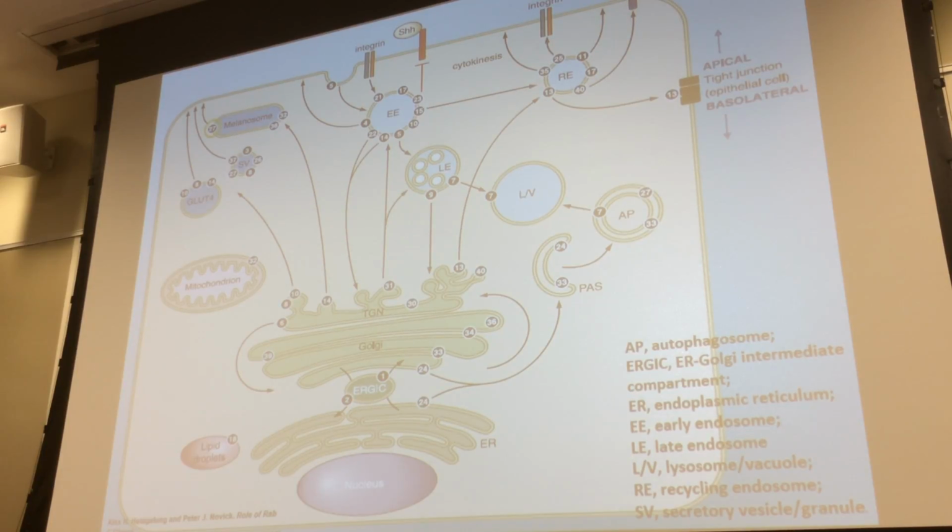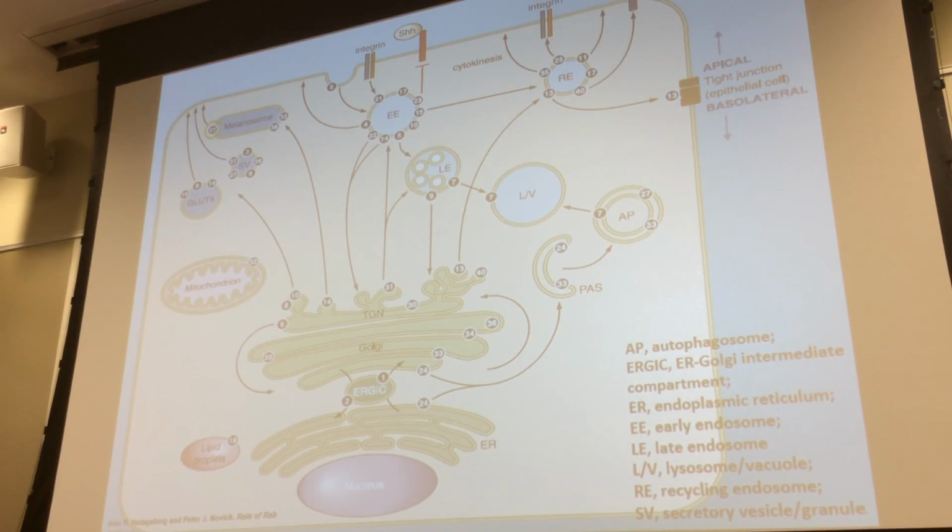So here's a general schema of a cell. And here's our nucleus, and here's our endoplasmic reticulum. And you can see that some things, like number 1 and number 2, are responsible for little vesicles that bud off from the endoplasmic reticulum and need to go to the Golgi, and that would be Rab number 1. Or little vesicles that bud off from the Golgi and need to go back to the endoplasmic reticulum, and that's Rab number 2.